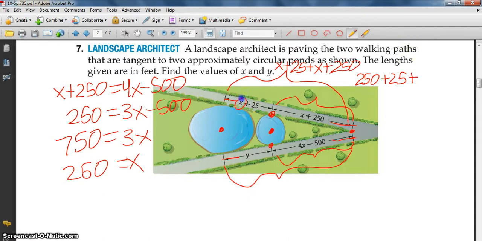So I have 250 plus 25 plus 250 plus 250, is equal to, on the other side, this would be y plus 4x minus 500.